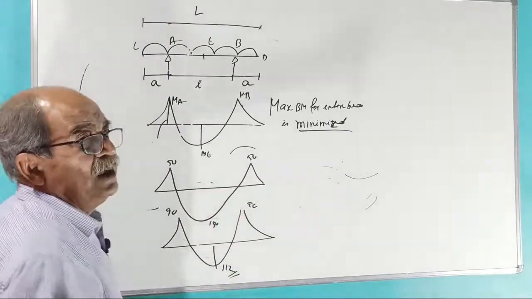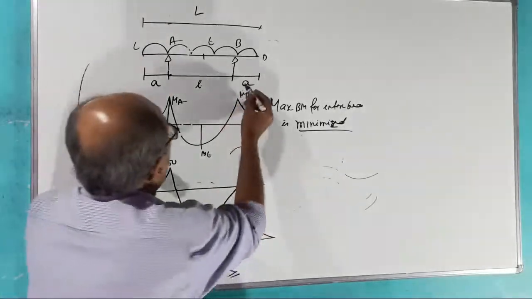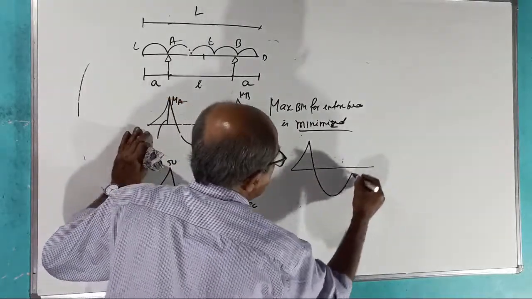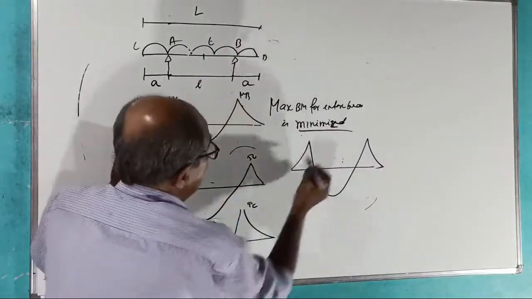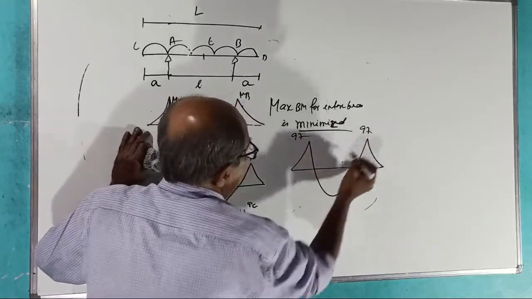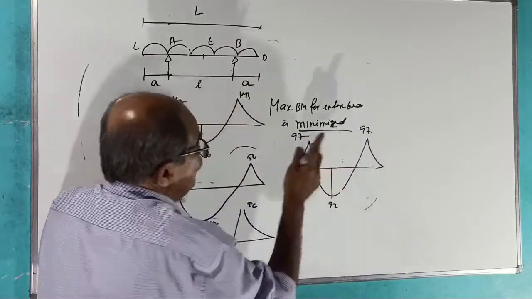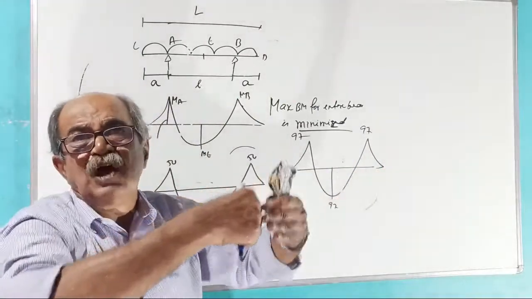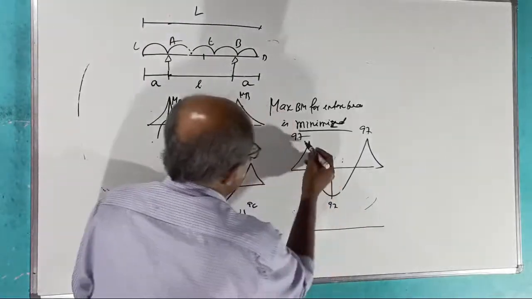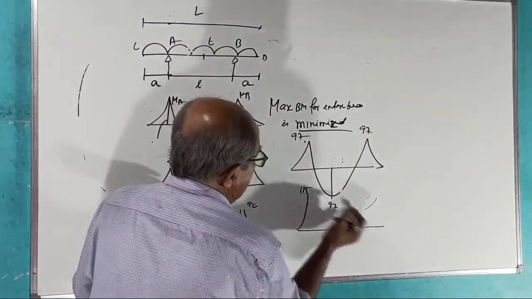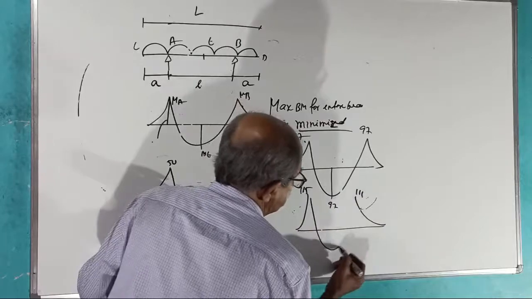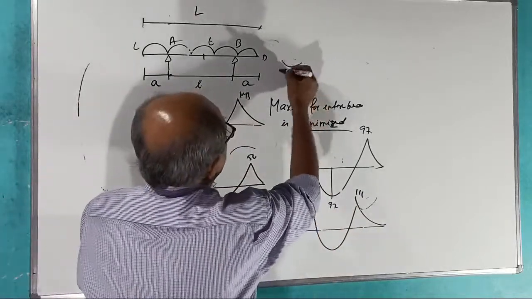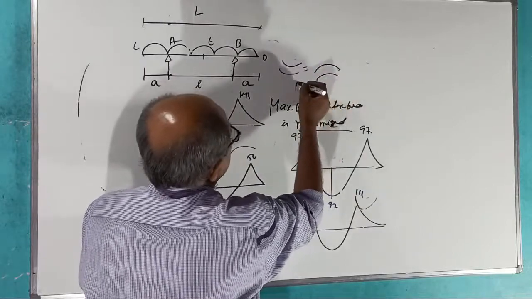For one particular value of A, you get the BMD like this: 90, 97, 97 and 97. This is the best arrangement. If you push the column further inside, 97 will become 115. That is bad, so the sagging BM equals the hogging BM only at the best arrangement.